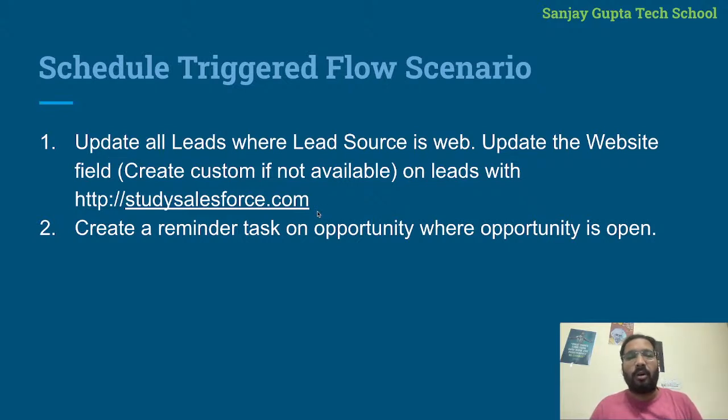This way, on all existing records, you can do some modification with the help of schedule triggered flow. And you don't need to run it manually every day. It will be executed automatically, as you will be applying the schedule for what time it will execute and what frequency you want to apply, right?